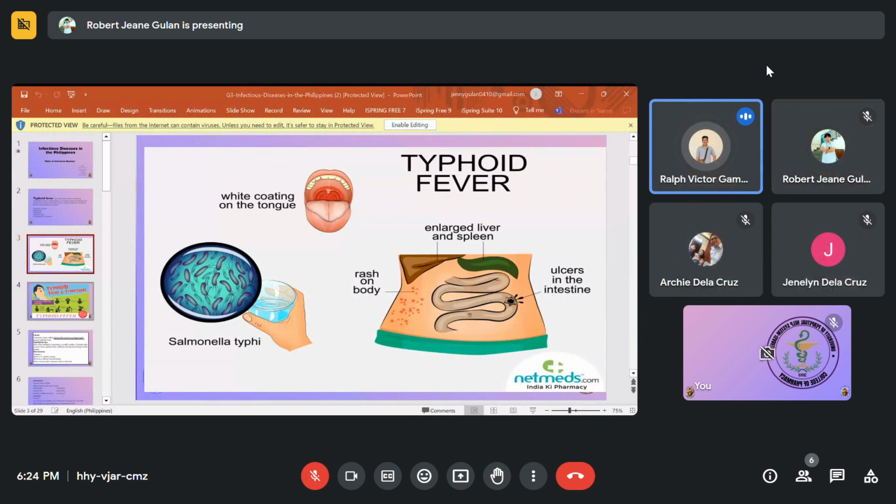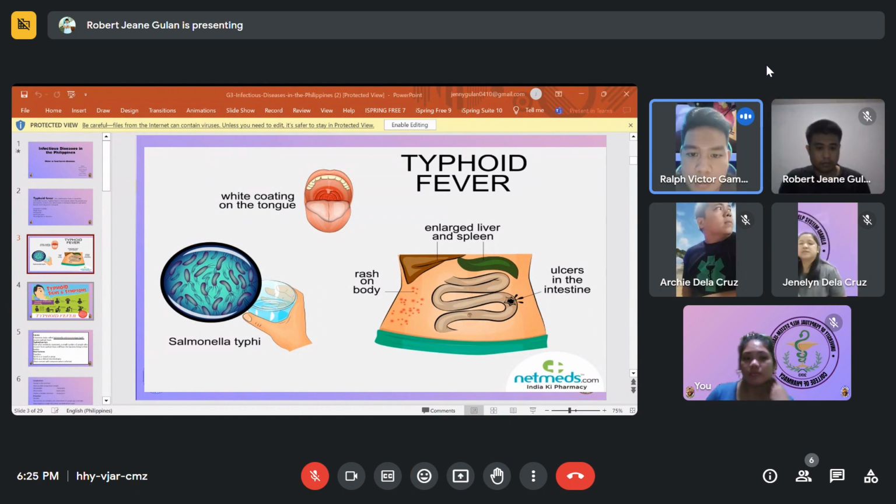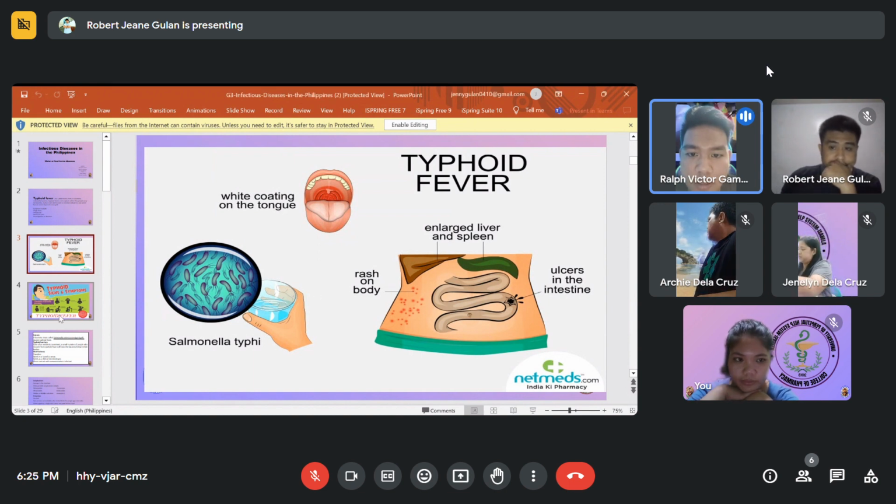As you can see in the picture, typhoid fever is caused by Salmonella typhi, with a white coating on the tongue, an ulcer in the intestine, a rash on the body, and an enlarged liver and spleen.